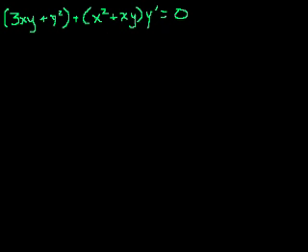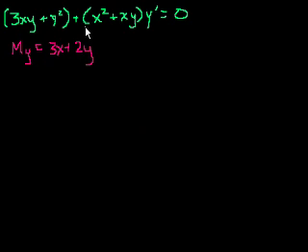And how do we test that? Well, we can take the partial derivative of this with respect to y, and we could call this function of x and y M. So the partial of M with respect to y would be 3x plus 2y.